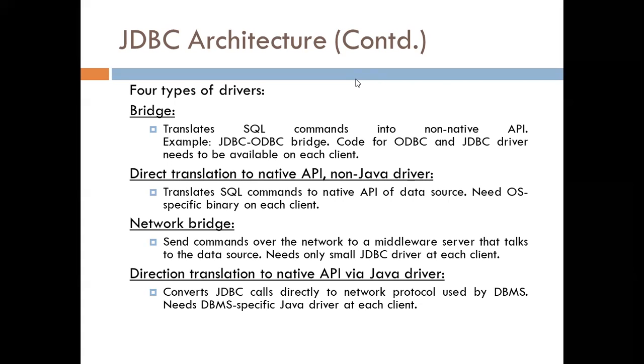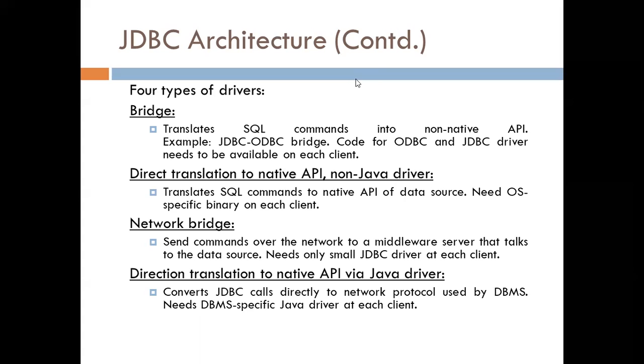For example, a JDBC-ODBC bridge. An application can use JDBC calls to access an ODBC compliant data source. The application loads only one driver, that is a bridge. The bridge has the advantage that it is easy to piggyback the application on the existing installation. No new drivers are required here, but they still have certain drawbacks.